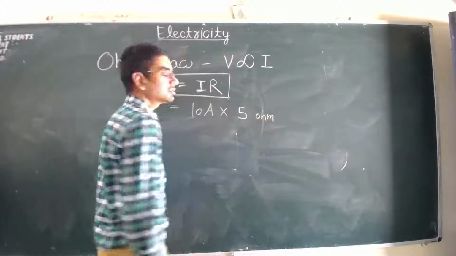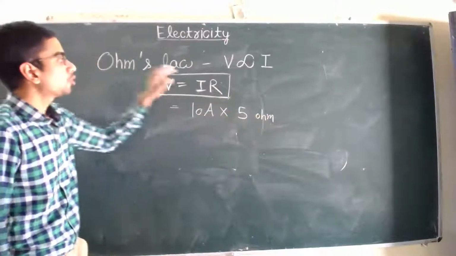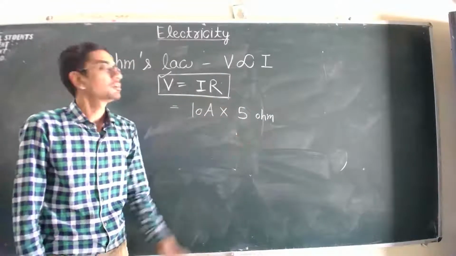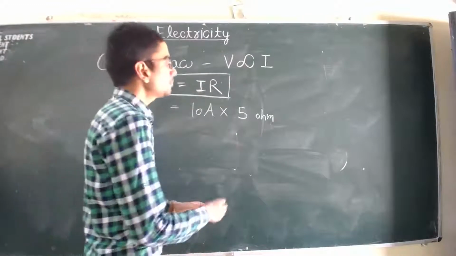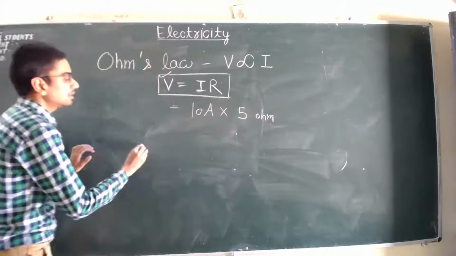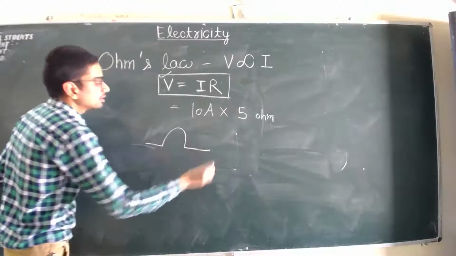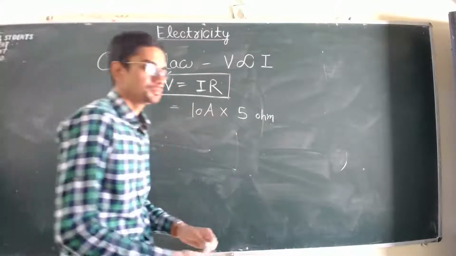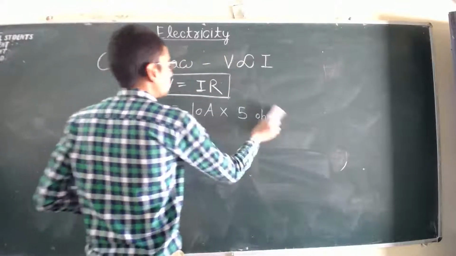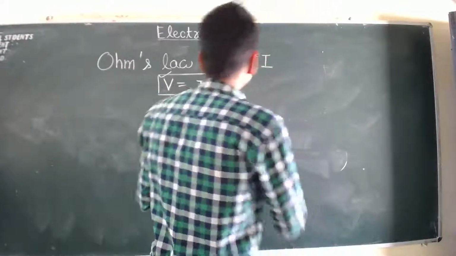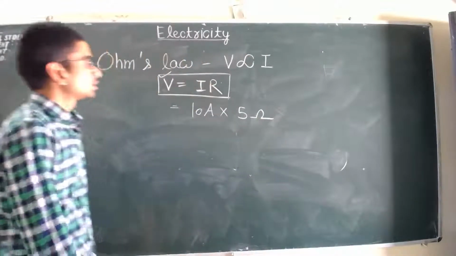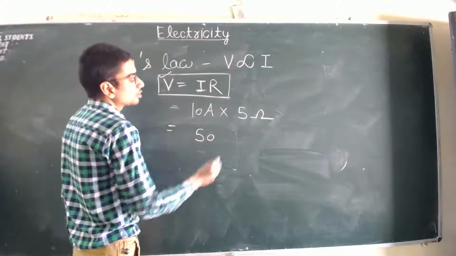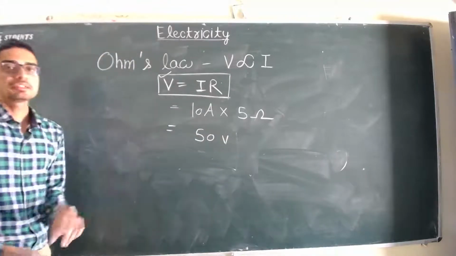Unit of resistance is OHM. जो Ohm's law है वही वाला ओम रेजिस्टेंस की यूनिट भी होती है, OHM. और इसको हम ड्रॉ कैसे करते हैं, ऐसे देखिए, this is the expression for ohm. So 5 ohm is the unit of resistance. So what will be the potential difference? 50 volt. All right, simple.